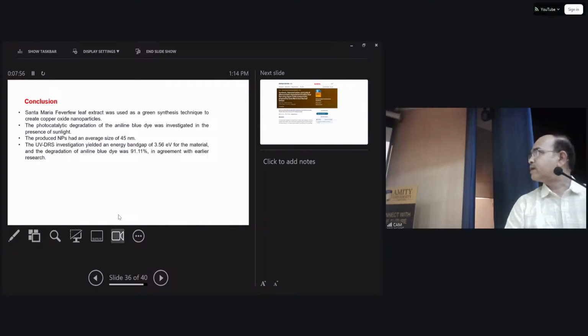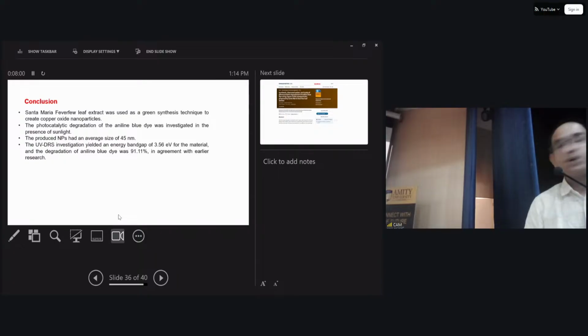So we can conclude that Santa Maria feverfew is a very big problem for farmers. Its leaves can be used for green synthesis of copper oxide nanoparticles, may be used for some other particles also. And these nanoparticles were further used for photocatalytic degradation of aniline blue dye.